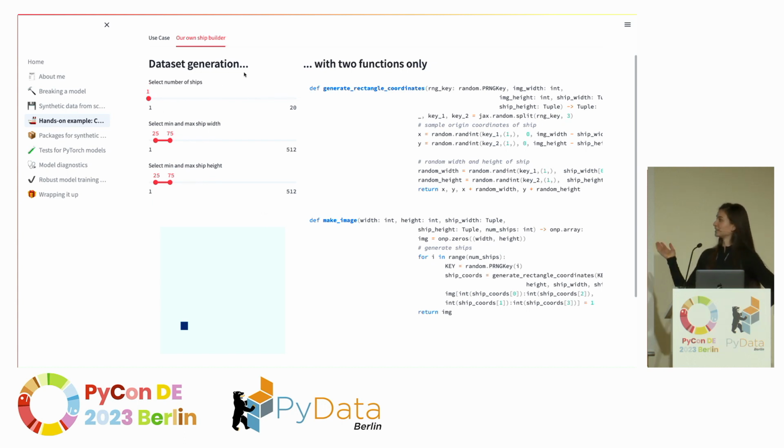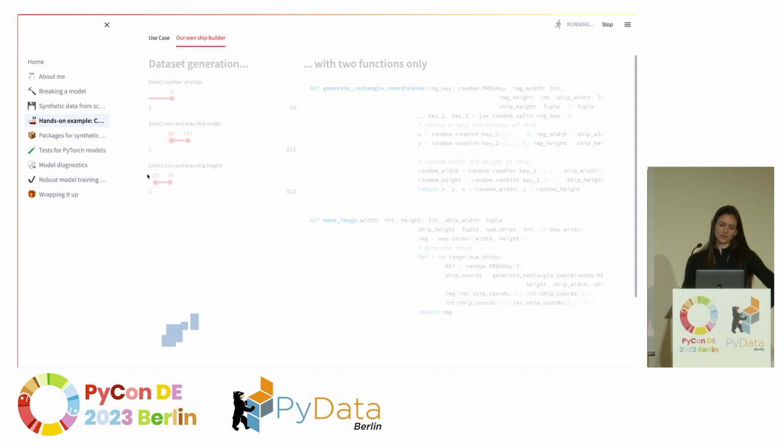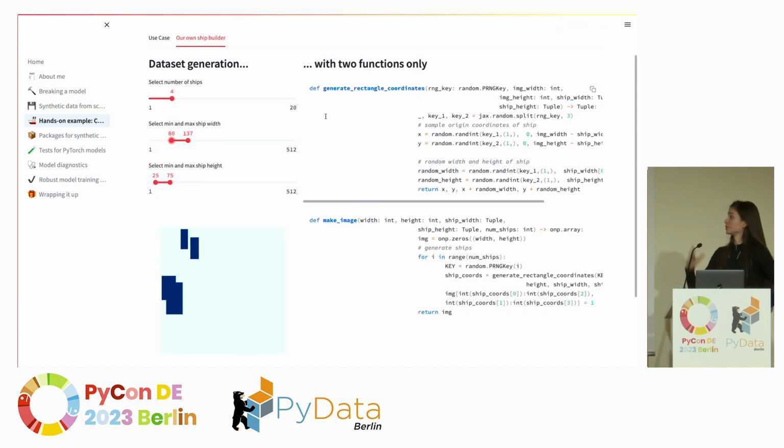I think this is a really nice example because we can generate our whole training set for debugging with just 2 functions. Basically, I have my ocean, and then I have a little square, which is my ship. And with my functions, I can generate arbitrarily many training examples with different numbers of ships and different ship dimensions, and this in just 2 functions.